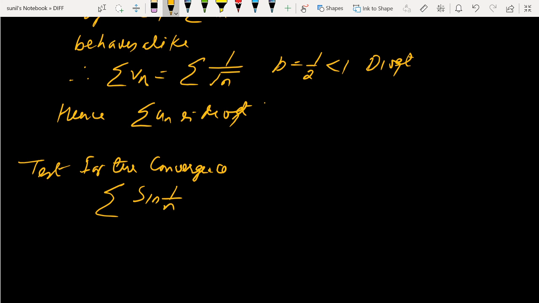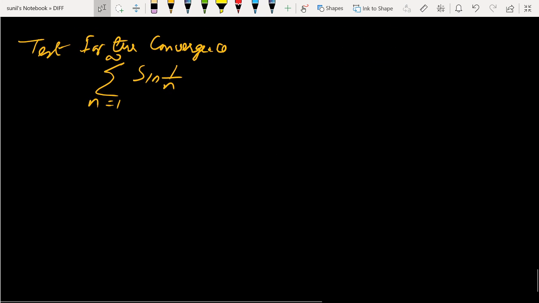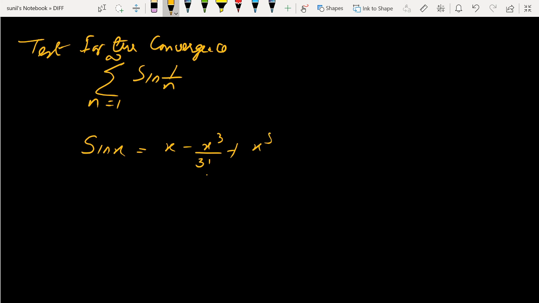Now see what you will do. Please do remember the series of sin x, which is x minus x cube by factorial 3 and so on. Now what is sin 1 by n?